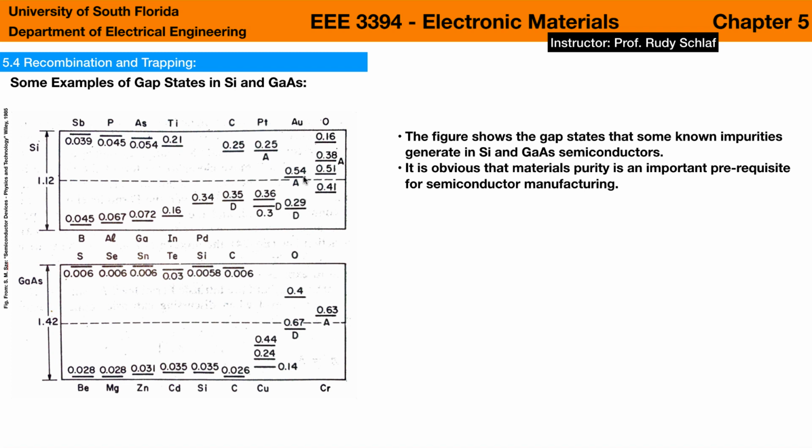So gold here would, for example, make a really nice recombination center in silicon. And in gallium arsenide, oxygen makes states that are close to the center of the gap. So it's pretty obvious that impurities need to be controlled tightly in semiconductor manufacturing, because you can imagine if you have a lot of these states here, then the material will have entirely different conductive properties.